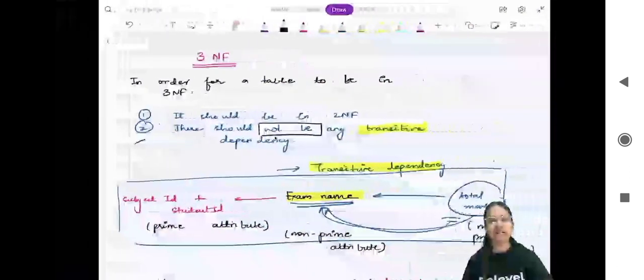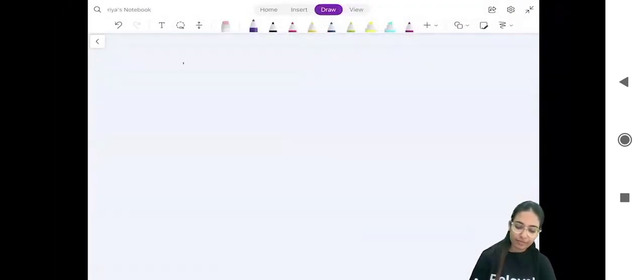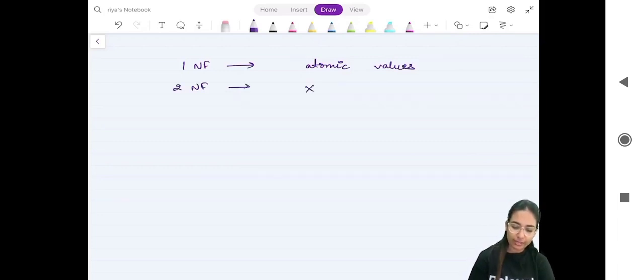Just understand it in this way, that the very idea is quite simple to understand, right? When we talk about the first normal form, we are just looking for atomic values. When we talk about second normal form, it's a two-step process. The first step is that it should be in 1NF, and there is no partial dependency.